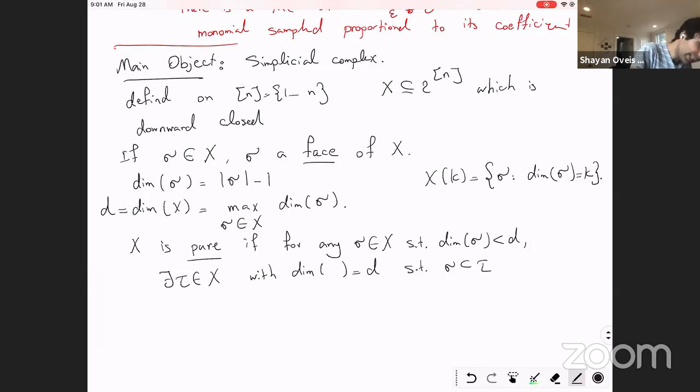In other words, if you have any face of codimension more than 0, which is any face which is not a top face, not a maximal face, there is a maximal face which is a superset of the given face.